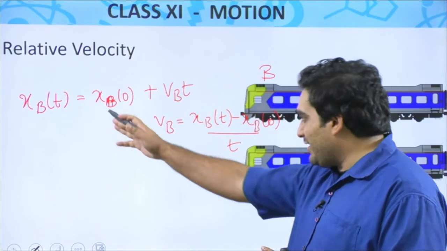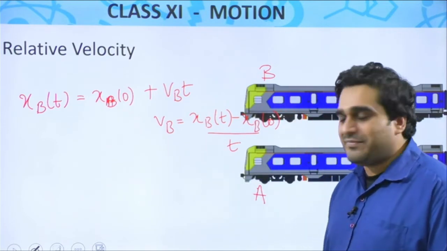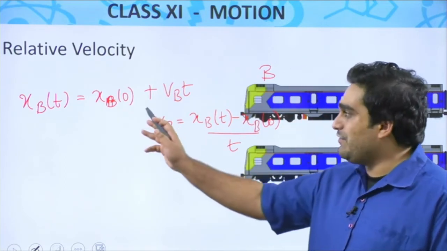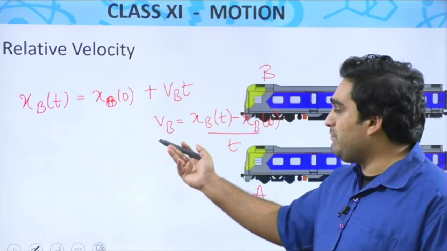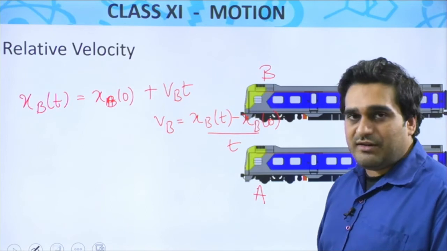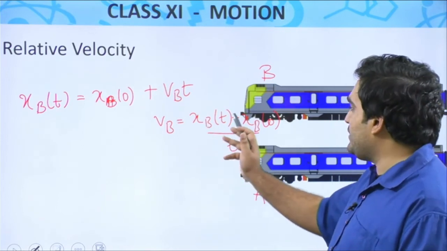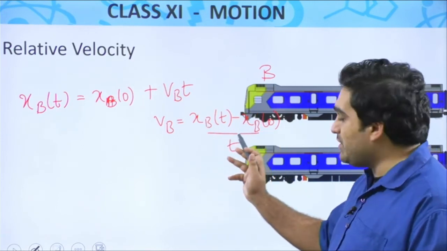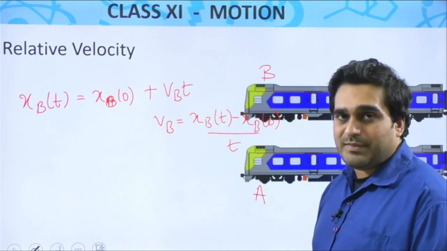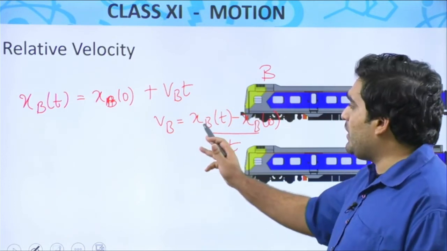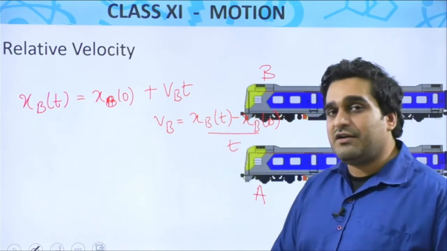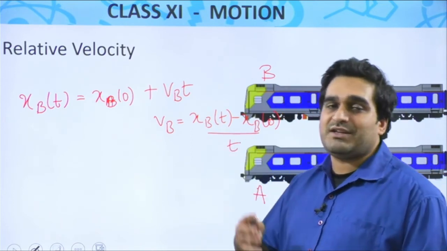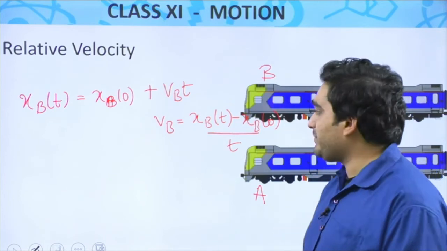And by equating it, you can write it in that manner. It's just the definition of the velocity of train B: change in the position of train B, final position minus the initial position, divided by time t. You may ask why it is written as xB of t. That's because here we're showing that this position is a function of time.